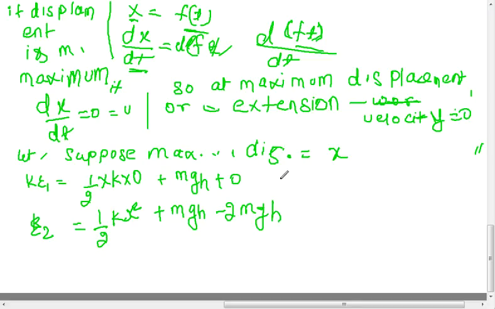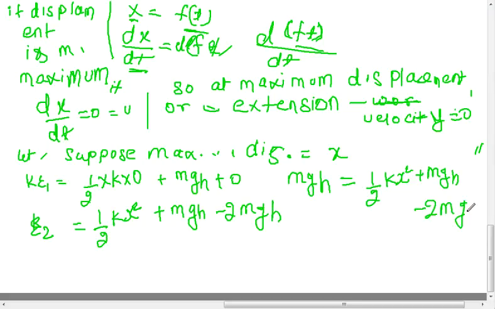So guys, I can write mgh should be equal to half k x square plus mgh minus 2 mgh. Okay guys, so mgh is going to cancel out.